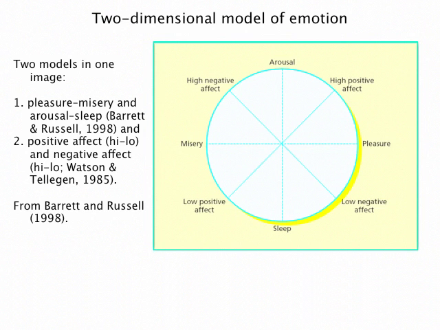And so, if I was going to say something like, for example, if fear and sadness are both on the misery side of the model, but fear, because it involves anxiety, is more highly aroused, whereas sadness is a lower level of arousal.